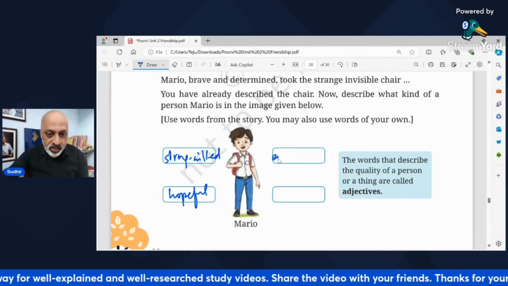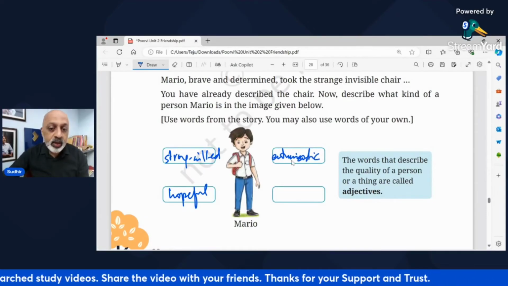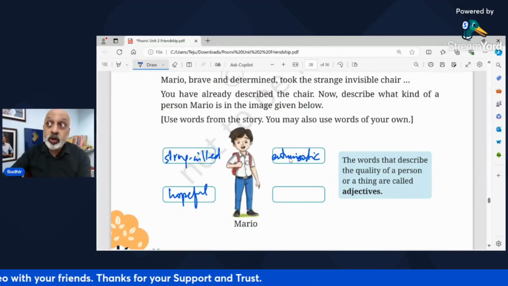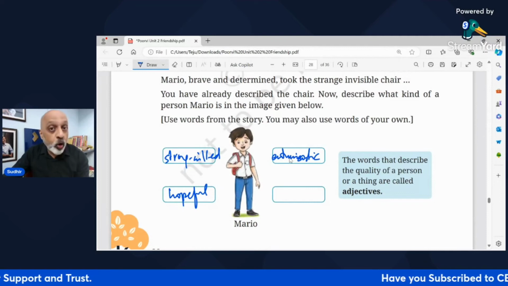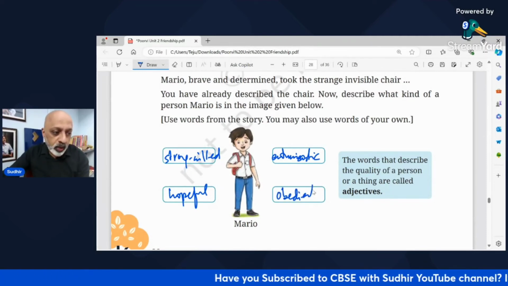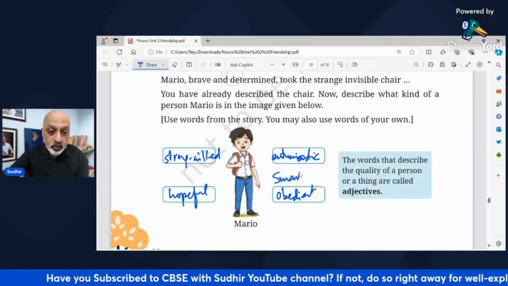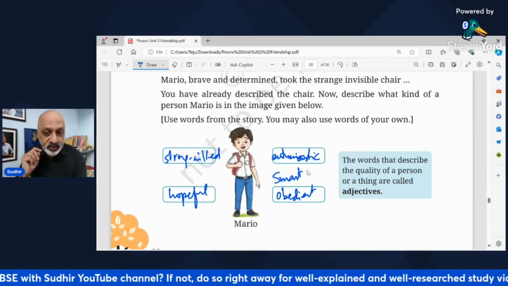He's quite enthusiastic because immediately when the grandfather tells him to do this bet, he takes the invisible chair, or pretends to take the invisible chair, to school. So he's enthusiastic and very obedient. Obedient can be another one for Mario. It could be a smart student also. He's smart because he's immediately smart enough to recognize who his real friends are. Okay.